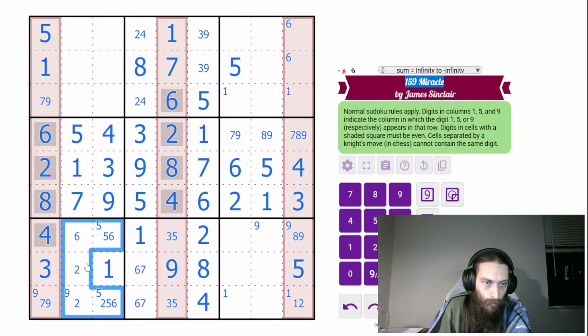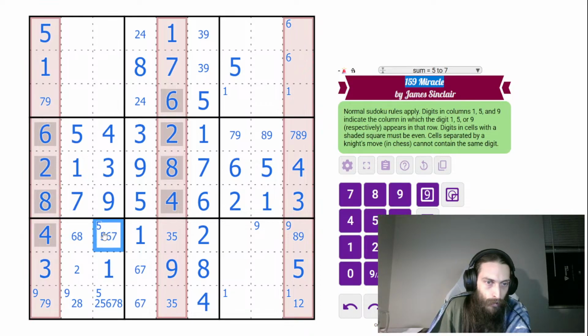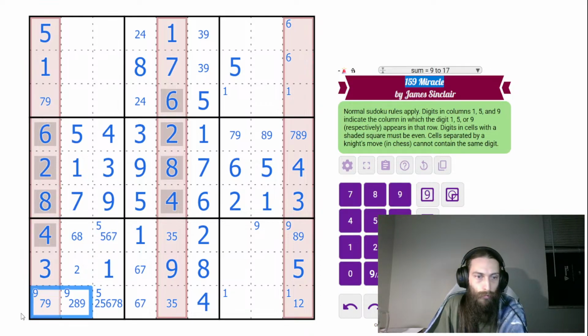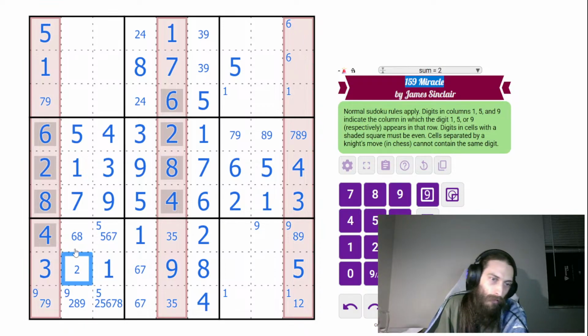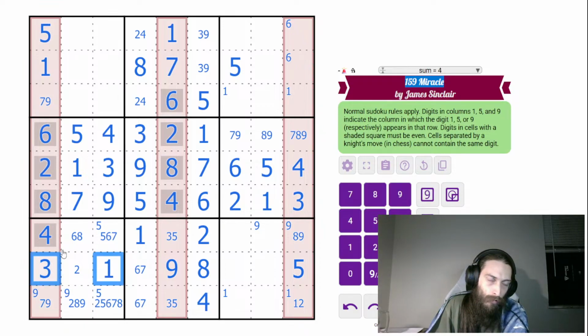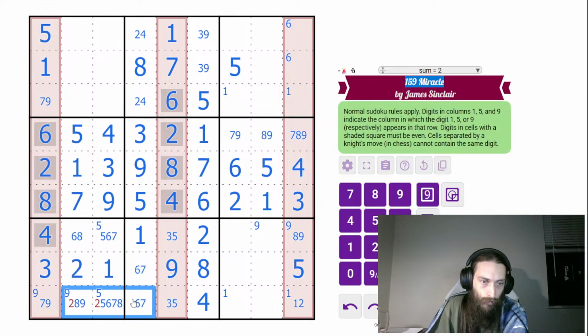And then 7 is ruled out of all of that. And then 8 is ruled out of there. And then 9 is just those two. So apparently this is a 2. Yeah, that's just a 2.